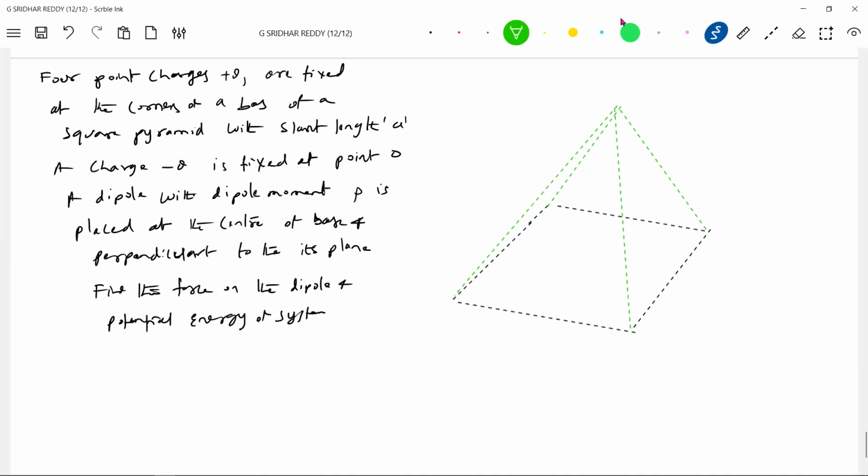At the center, a dipole is kept. Here, I think the negative charge is there. At these points, positive charge. Here is where a dipole is kept. So the dipole exactly, I think this will be the axis.